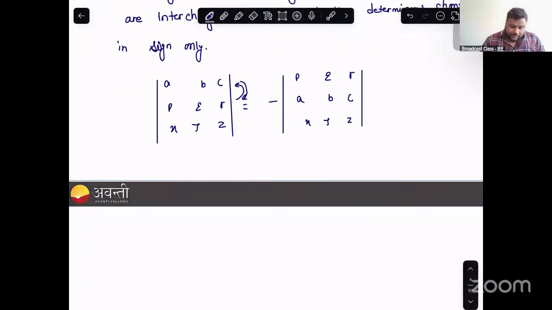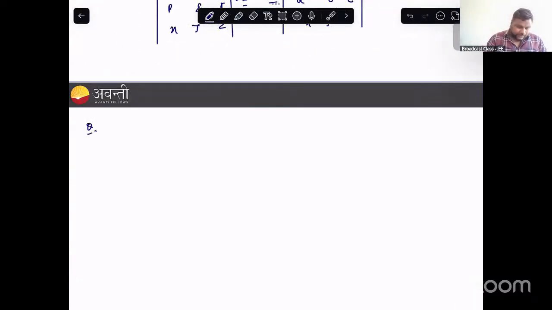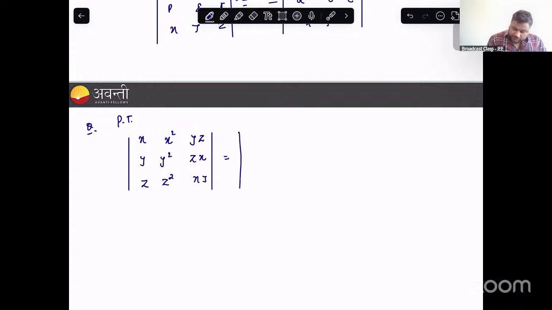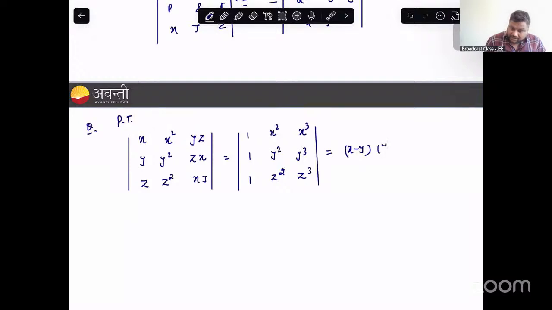All right. Now write down a question. Prove that determinant x, x square, yz, y, y square, zx, z, z square, xy, is equals to determinant 1, x square, x cube, 1, y square, y cube, 1, z square, z cube, and that is further equals to x minus y, y minus z, z minus x, xy plus yz plus zx.